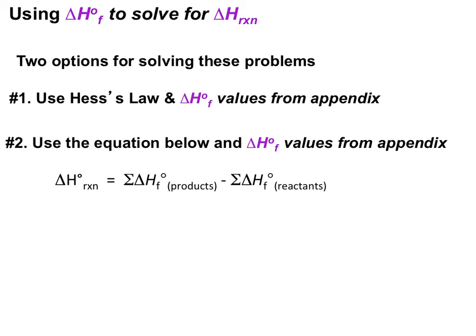First, you could use Hess's law and the enthalpy of formation values associated with the appendix. And option number 2 is you use the equation seen here to calculate your delta H of reaction from these enthalpy of formation values. So let's go ahead and look at a few practice problems.